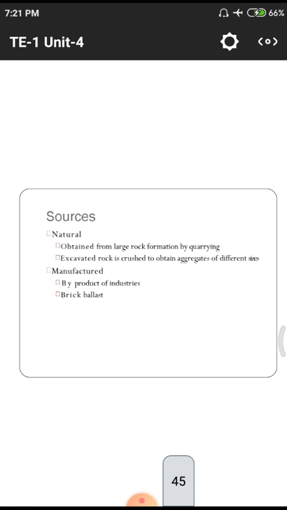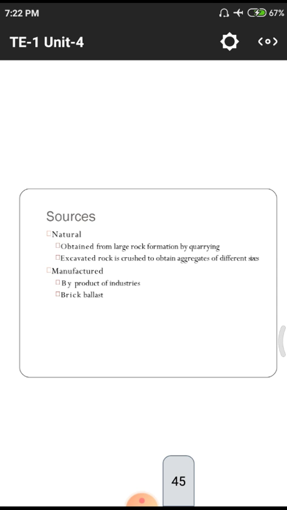Quarrying simply means a large mass is converted into small pieces by blasting. After that, grinding and other things take place. Excavated rock is crushed to obtain aggregates in different sizes.